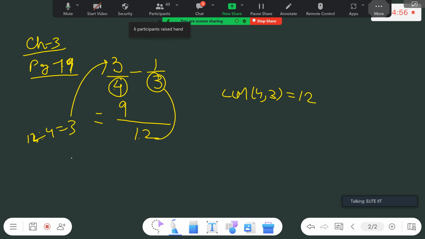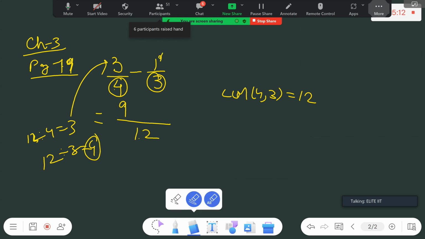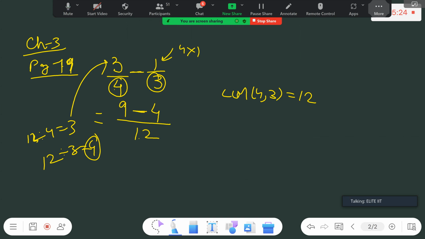Again 12 divided by 3 gives you 4. So 4 into 1 will give you 4. Minus 4. So 5 by 12. What is 9 minus 4? 5 by 12.